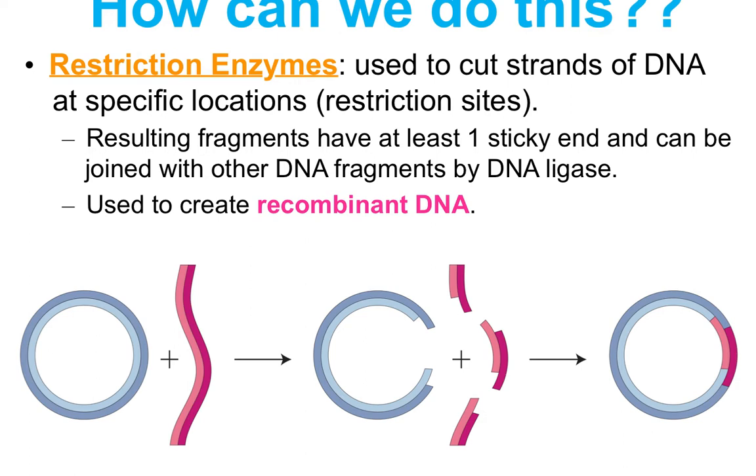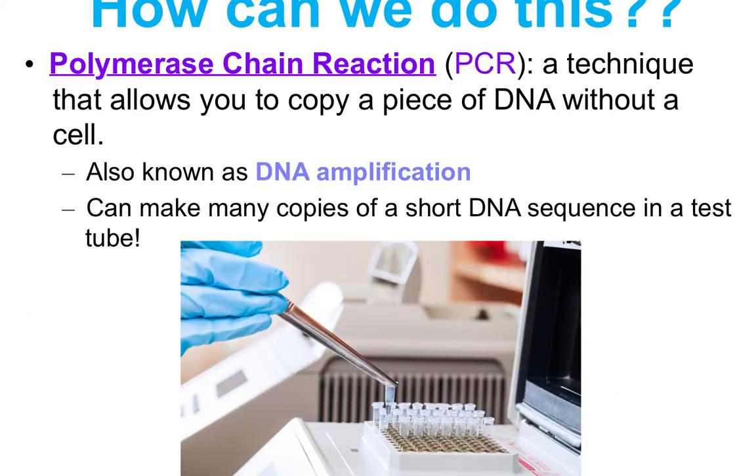So when it cuts at a specific site, the resulting fragments have at least one sticky end, and it can be joined with other DNA fragments by DNA ligase, and ligase will build the DNA pieces back together. And we use this type of pattern to create recombinant DNA. And then we can tell what specific combination of genes are occurring where.